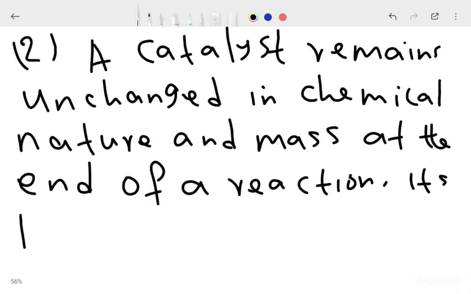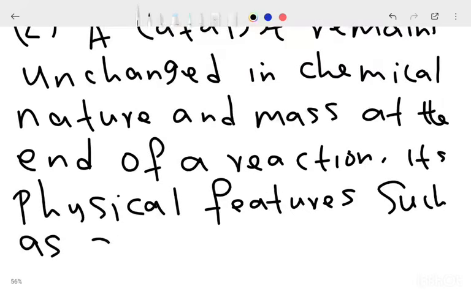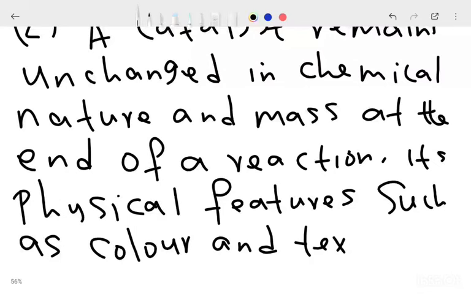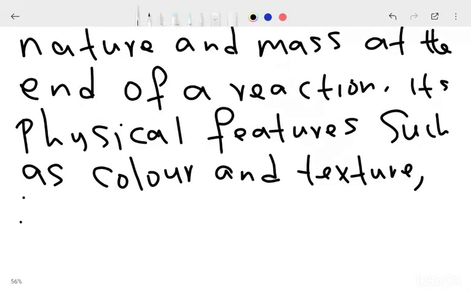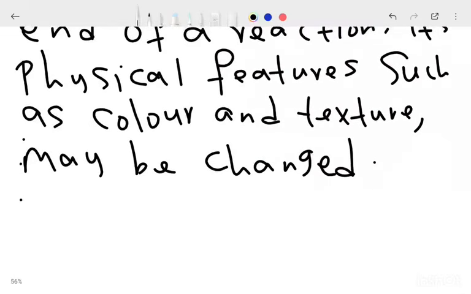Its physical features such as color and texture may be changed.